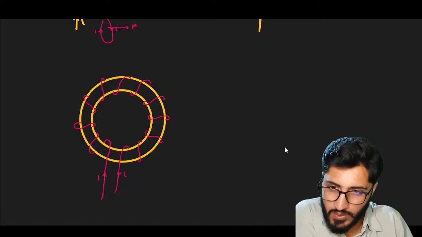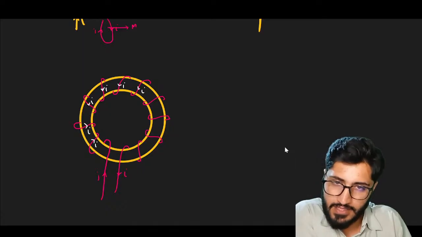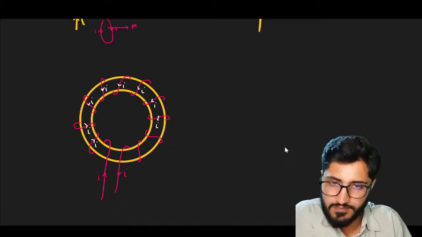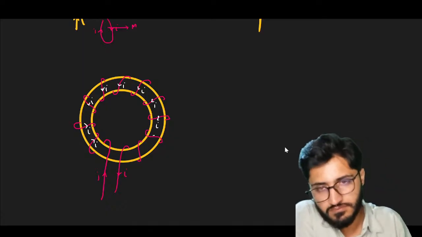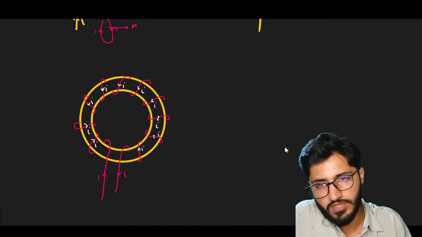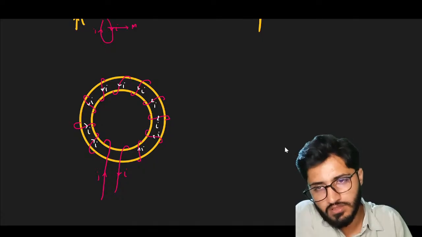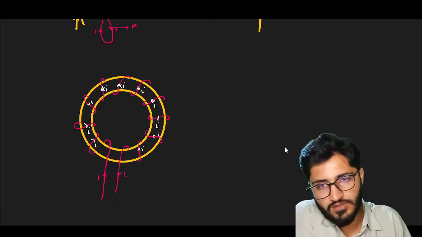That means my current will go in this way and come from in this way, right? This is my direction of current. No, it won't be in this way. It will go here, then here current, here current, here current. Okay, it will be in this way. It will change our direction from this one.